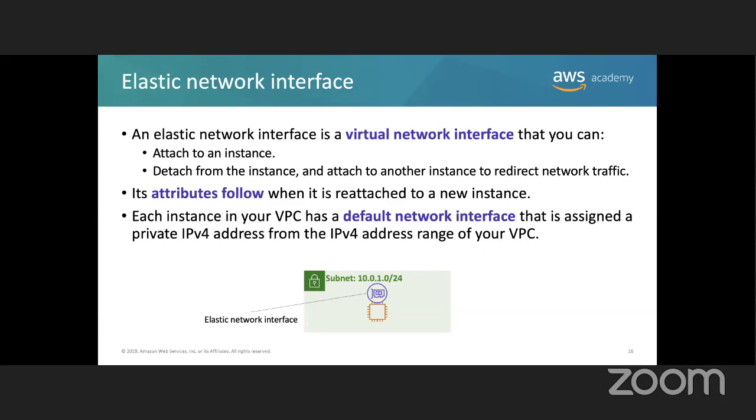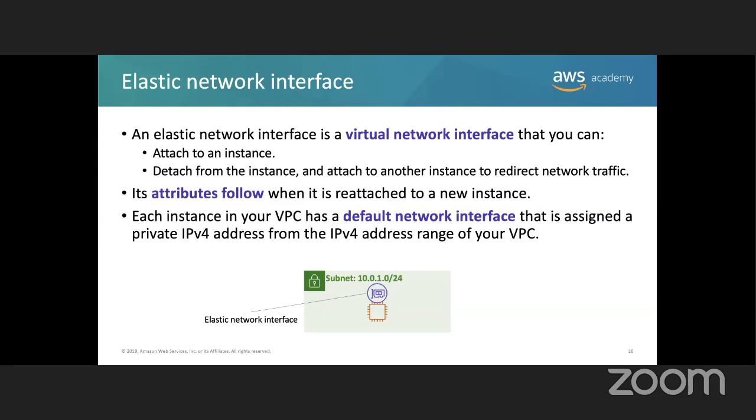It's a network file system that you mount on the network, and where you mount it is in a virtual network interface, okay? And of course, that interface is going to be attached to an instance, okay? Its attributes follow when it's reattached to a new instance.